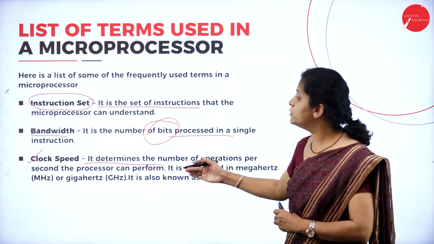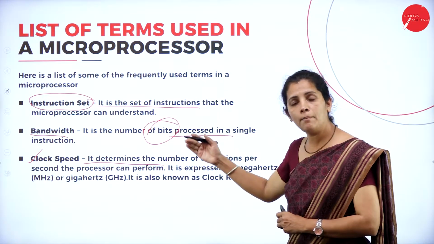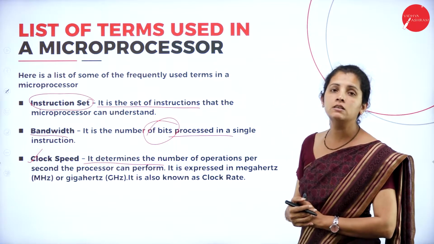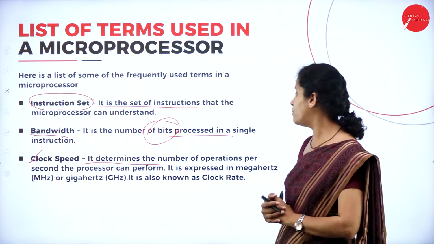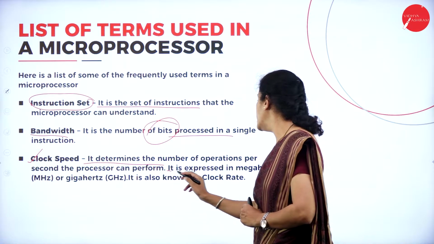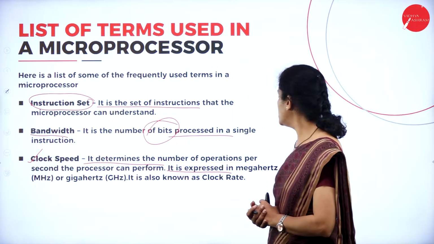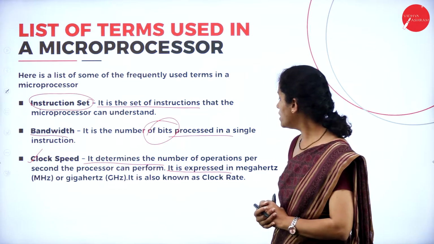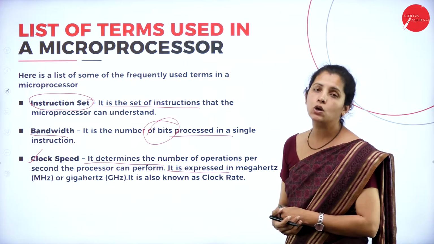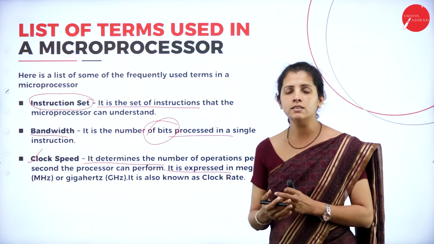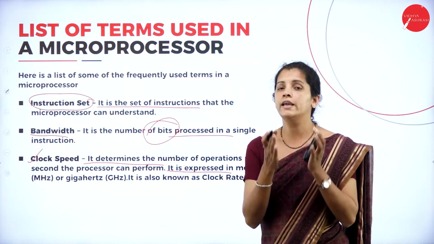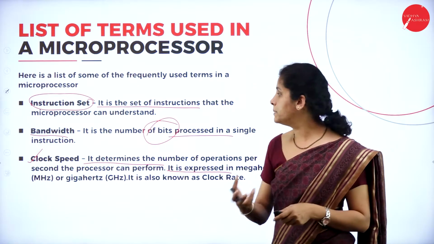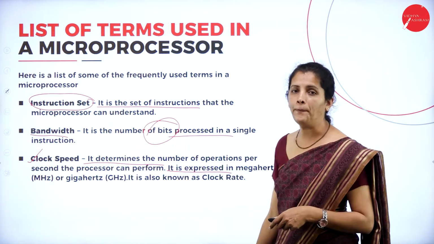So it is mainly used to determine the number of operations per second the processor is able to perform, and it is expressed in terms of megahertz, gigahertz, or it's also known as clock rate. That means the number of instructions executed per second. So it is nothing but the clock speed.